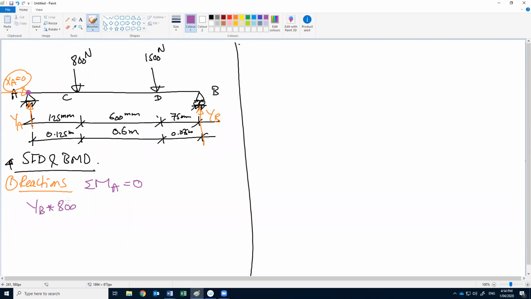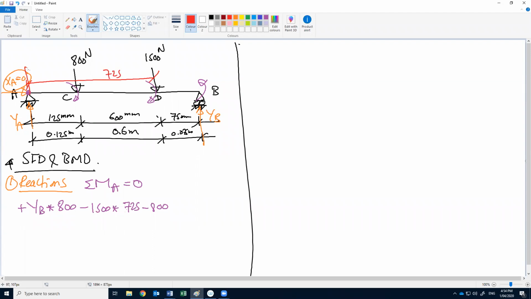Positive because it rotates in this direction. Minus 1500 multiplied by 600 because it is clockwise. This force also clockwise. Shouldn't that be 725? Yeah, sorry. Thanks, Ron. I thought I was wrong once, but I was mistaken. So 725.